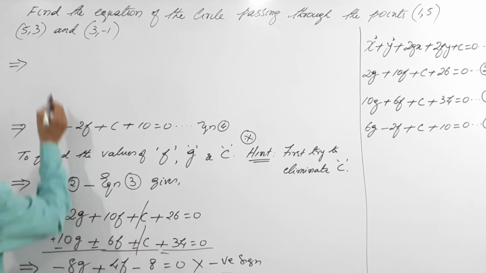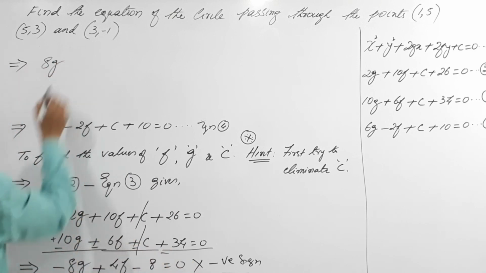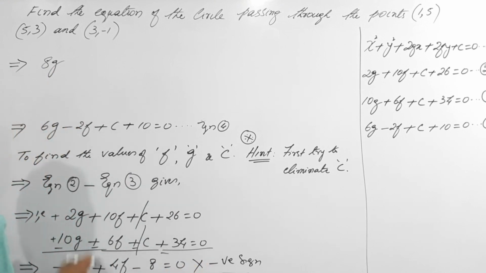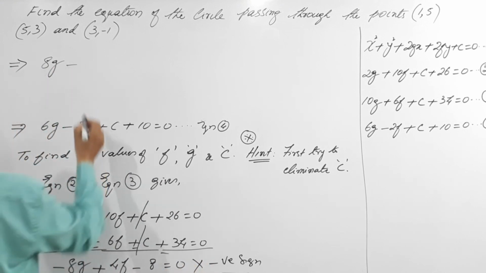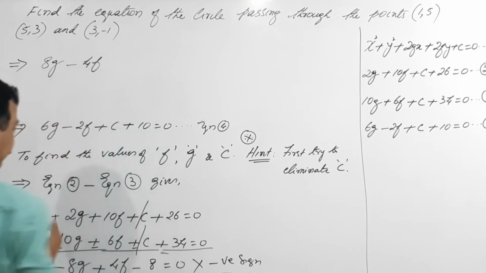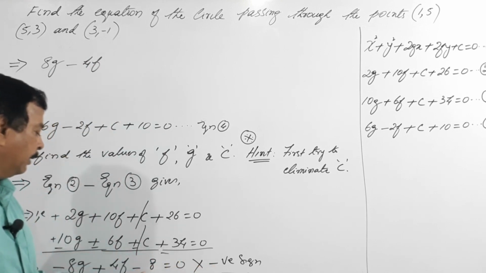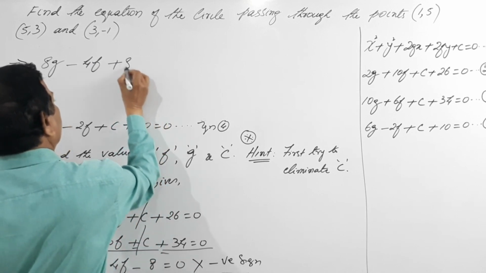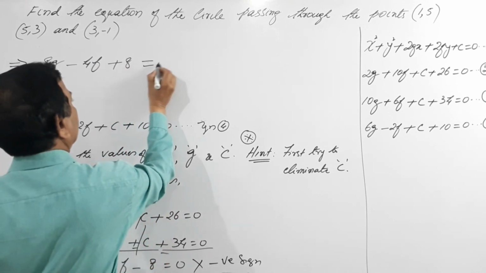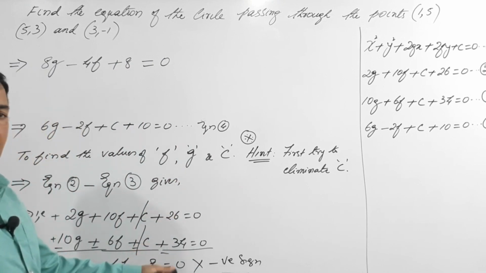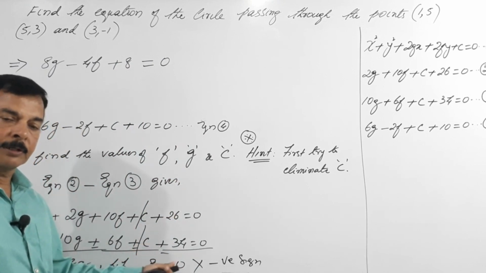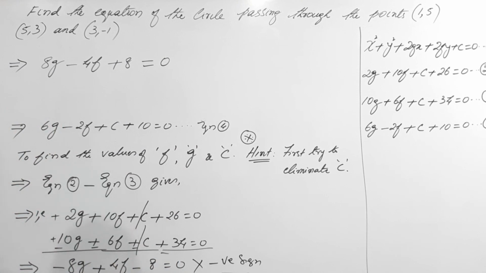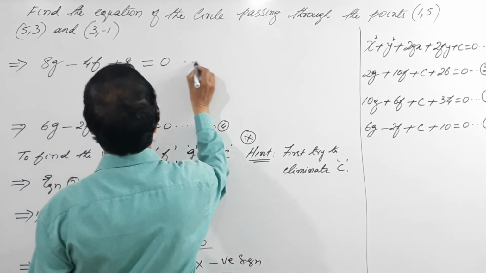So minus into minus becomes plus 8G, minus into plus is minus 4F, minus into minus plus 8, equals to 0. Whether it is minus 0 or plus 0 hardly matters. So now plus, minus, plus equals to 0. So I call this as equation 4.